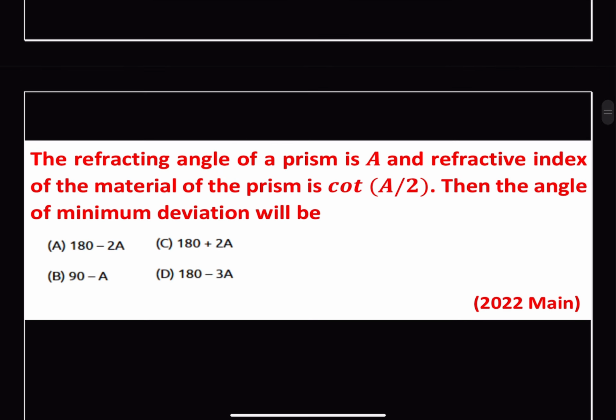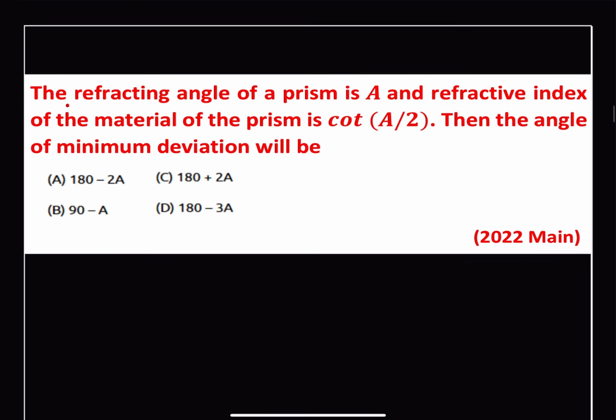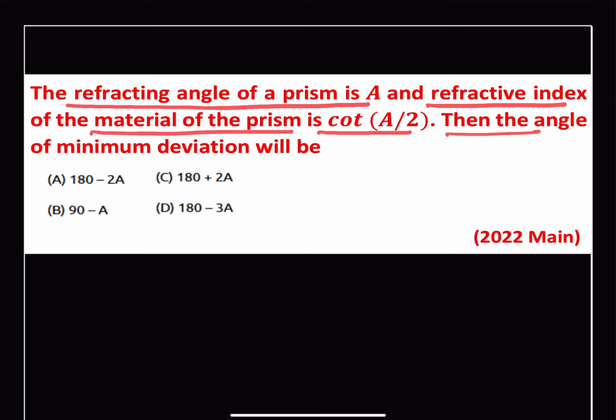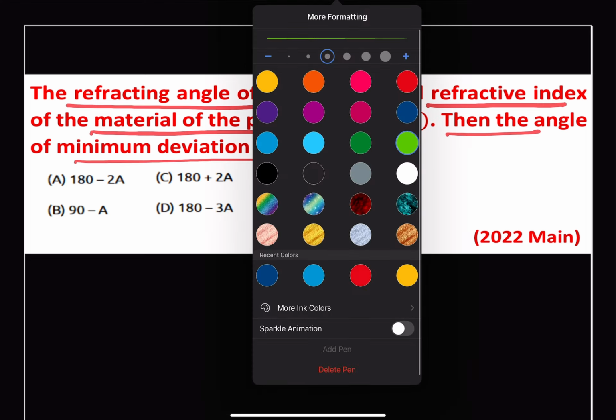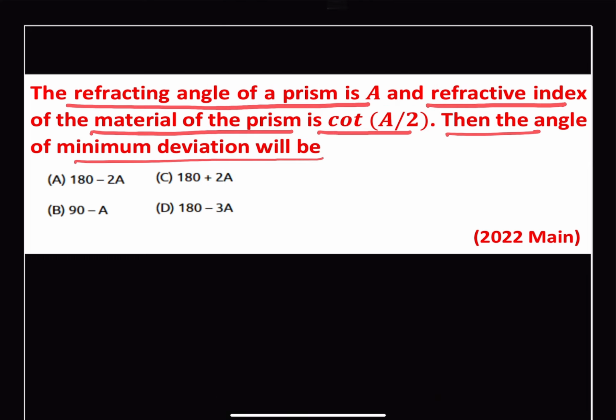Next question, and it states that the refracting angle of a prism is A and the refractive index of the material of the prism is cot A by 2. Then the angle of minimum deviation will be equal to, and here we are given that we have a prism.